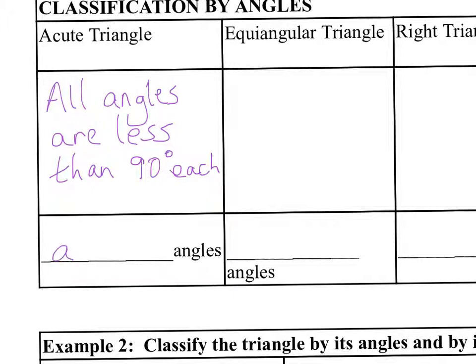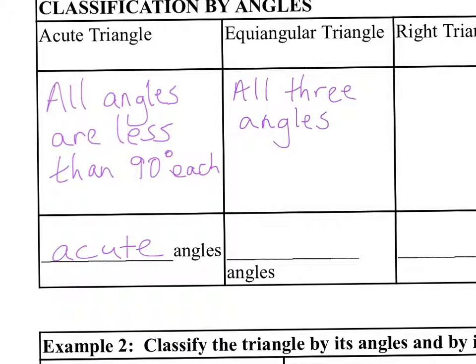An acute triangle has acute angles. An equiangular triangle, all 3 angles are equal. These angles are all 60-degree angles.